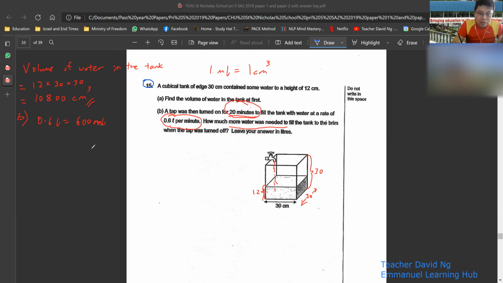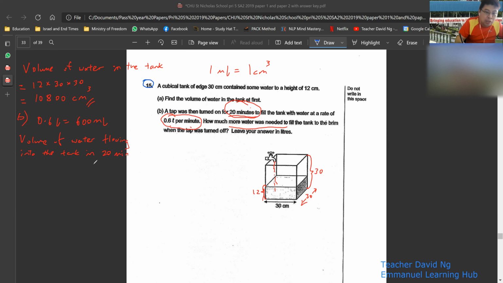Okay. So let's say you change this to ml, right? 0.6 liters is 600 ml. Per minute, 600 ml, 20 minutes. So here you can write volume of water flowing into the tank in 20 minutes.